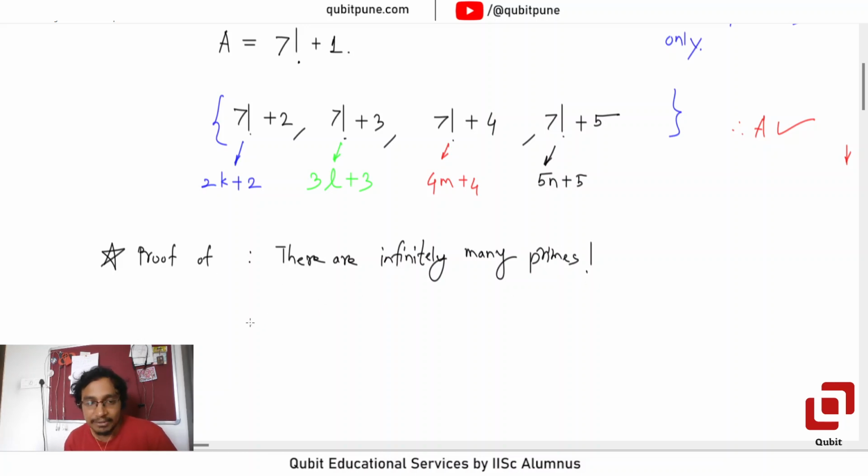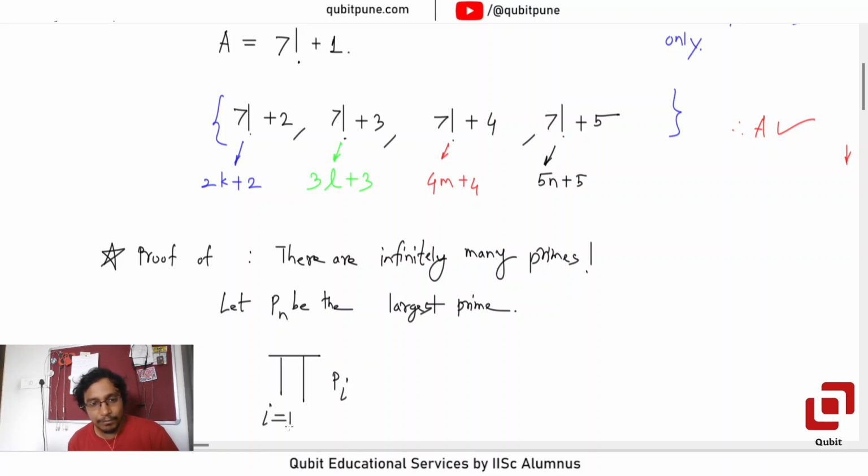We assume the negative. So say, let P be the largest prime, or let's say Pn. So what we now do is we consider the product of all prime numbers from 1 to n, and then we add 1 to this.